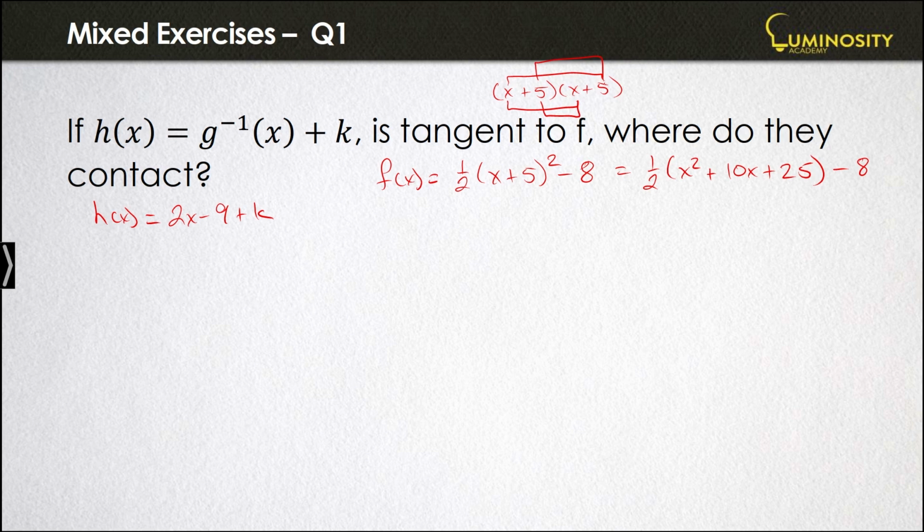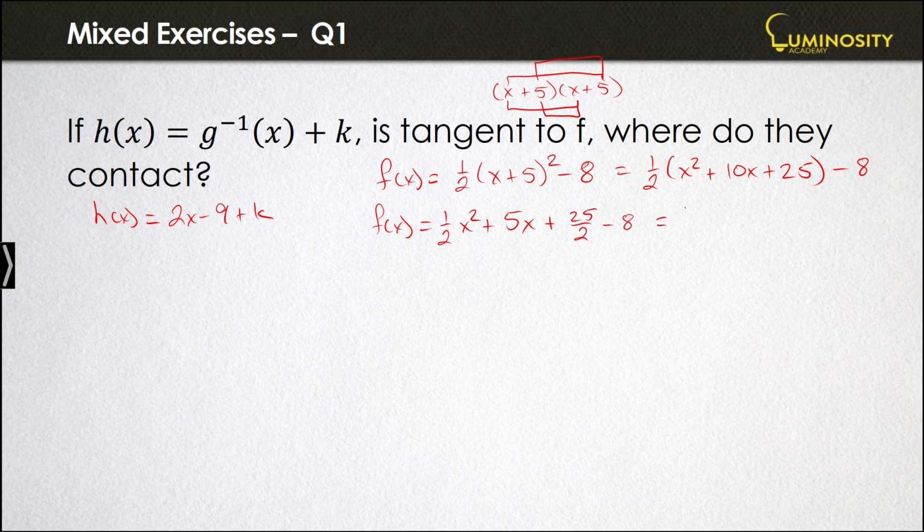So our f of x is equal to this, but we're not done simplifying yet. We have f of x is equal to 1/2 x squared plus 5x, because 1/2 times 10 is 5, plus 25 over 2 minus 8.